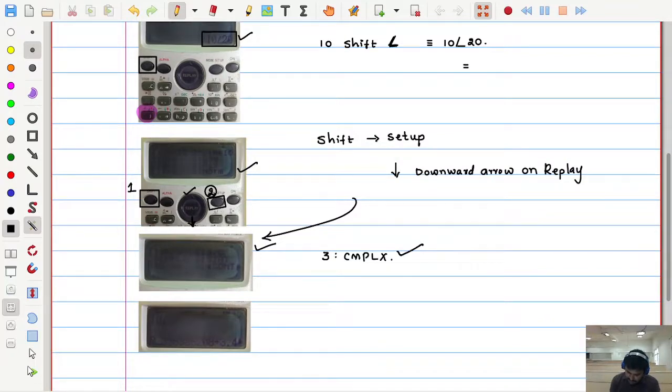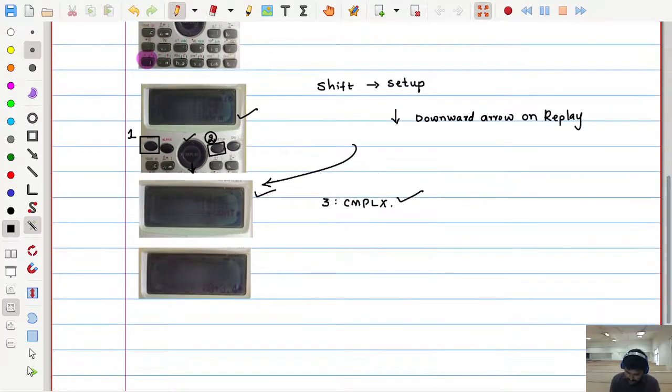As a result, you will get your result in this form. Above this you will see two things. I missed one more screenshot here, so let me write here. Once you press 3, what you get is "complex result?"